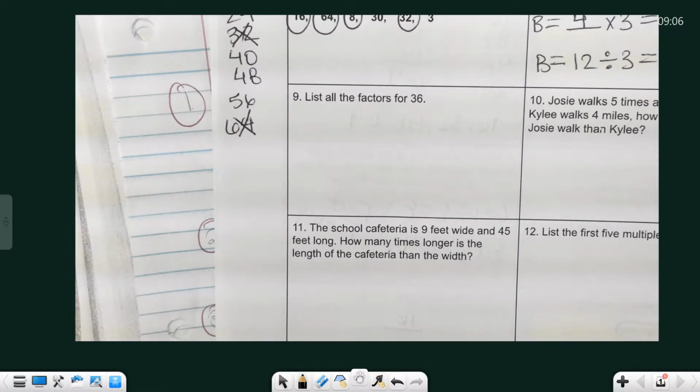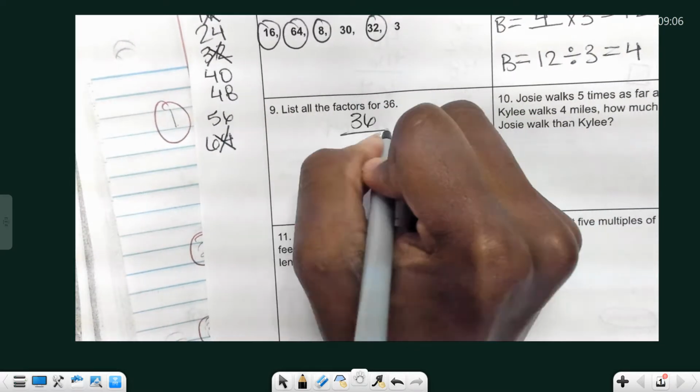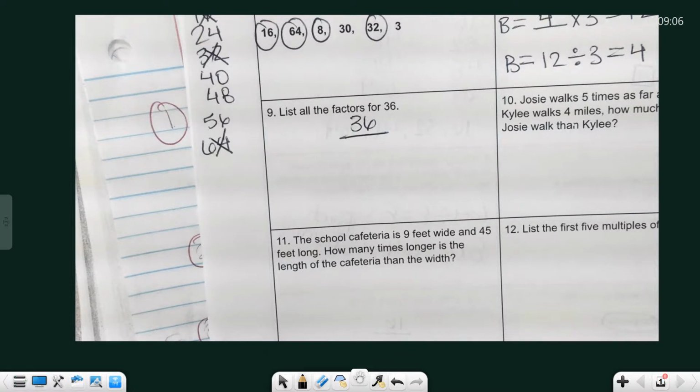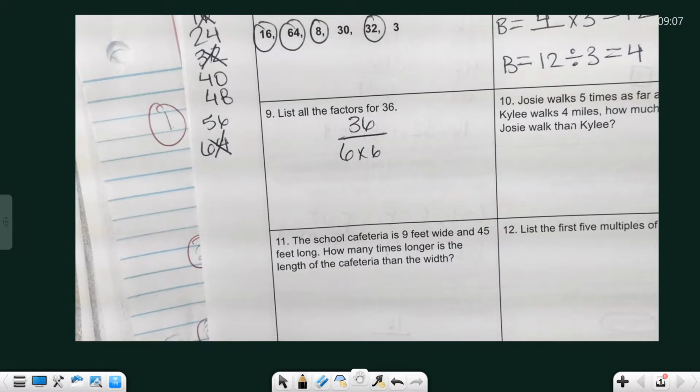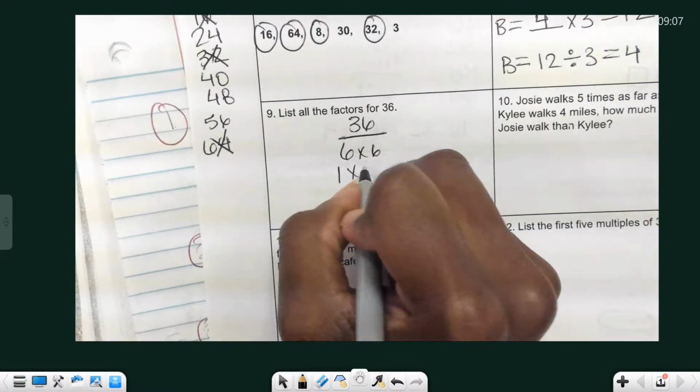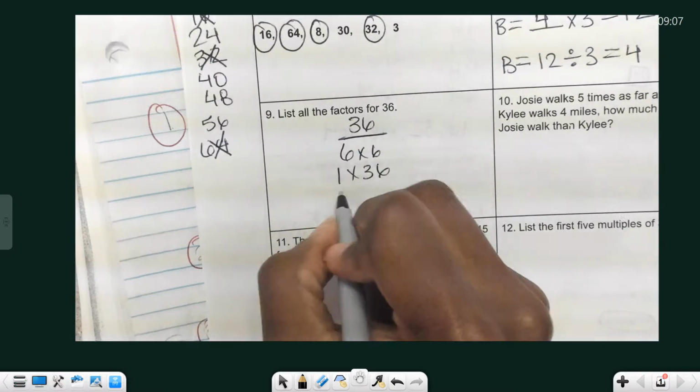We took a test on number 9. List all the factors of 36. All right. Kyleria. 6 times 6. Taquan. 6 times 1 is 6. 1 times 36. Alexis. 3 times 12.